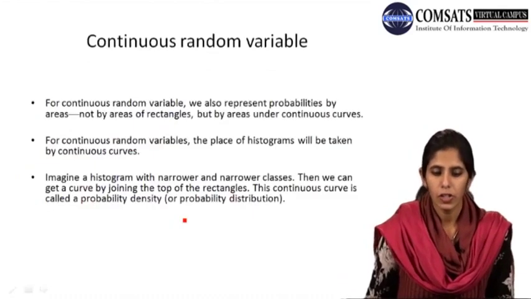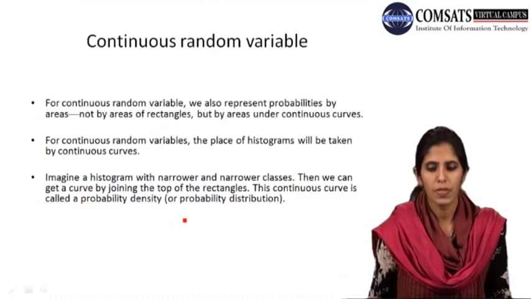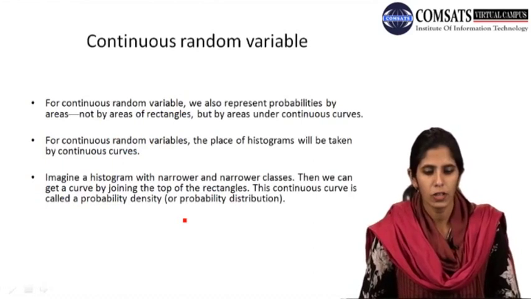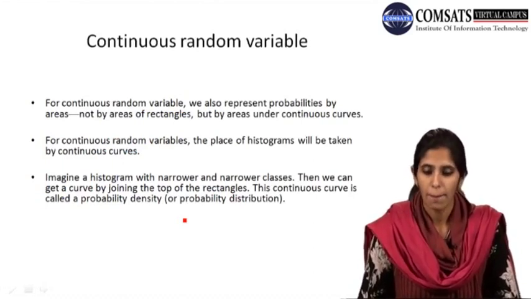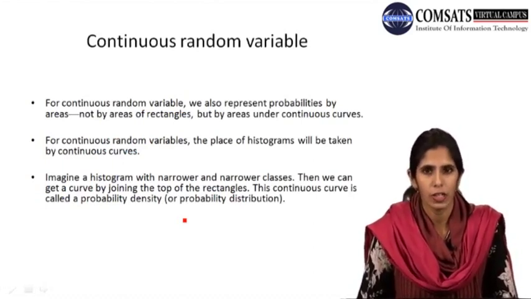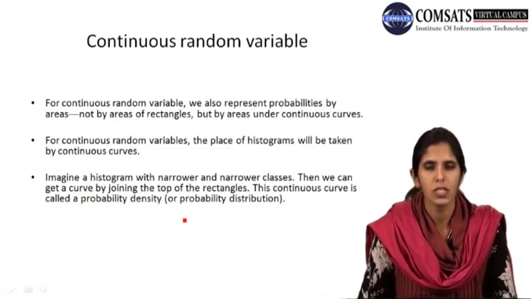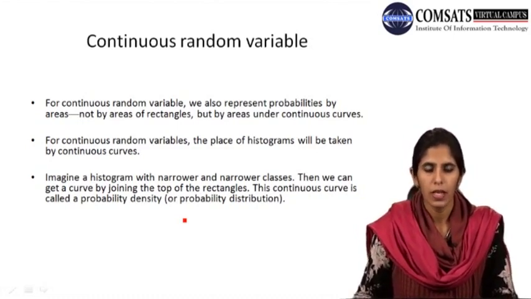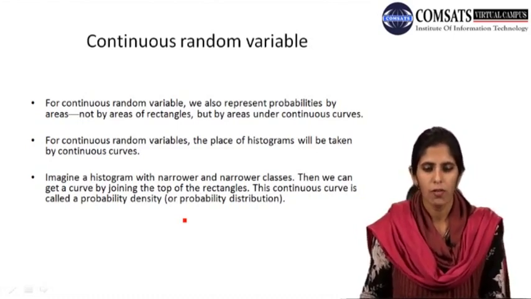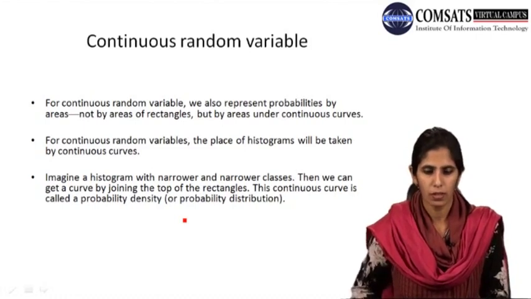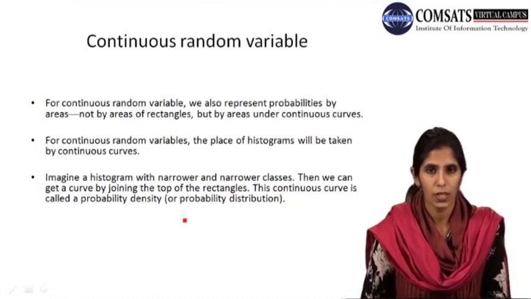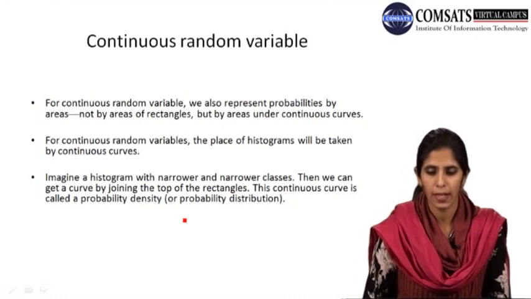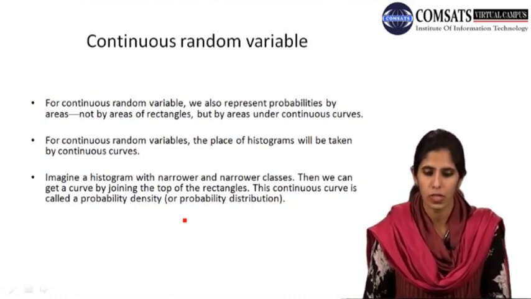For a continuous random variable, we also represent probability by areas, not by areas of rectangles, but by areas under continuous curves. That is what distinguishes the discrete from the continuous random variable: in a continuous case we are provided with frequencies, but these are not represented by rectangles but through a continuous curve.